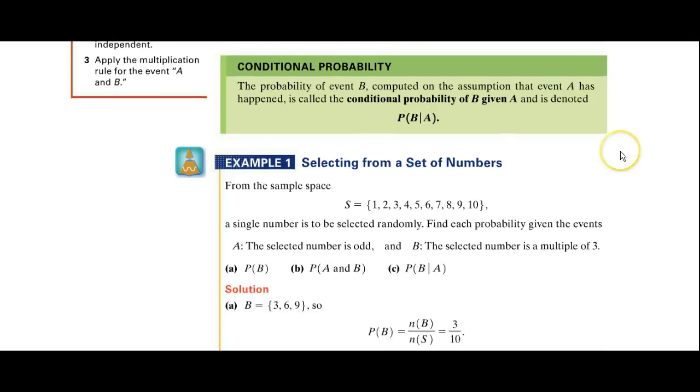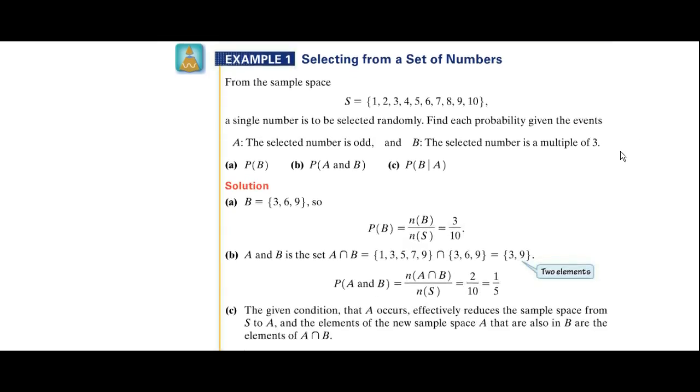All right, let's go on to our first example. Select from a set of numbers. Now our sample space will be the first 10 whole numbers. We want a single number to be selected randomly.